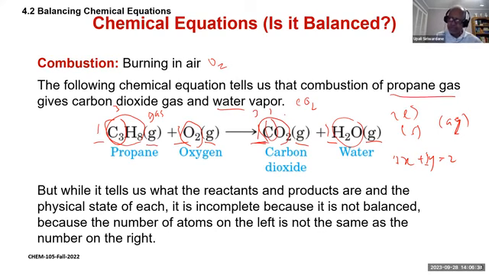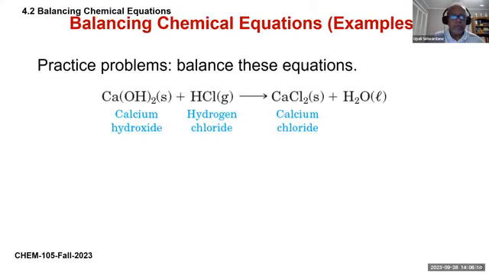I'm going to go through some examples of how you change stoichiometric coefficients and make the number of atoms of each element on both sides equal. That's balancing. If you have a compound like this, there's 1 calcium here and 1 calcium here. If you look, there are 2 chlorines here, only 1 on the other side. You put a 2 here.